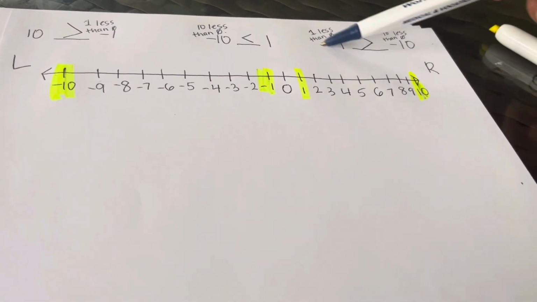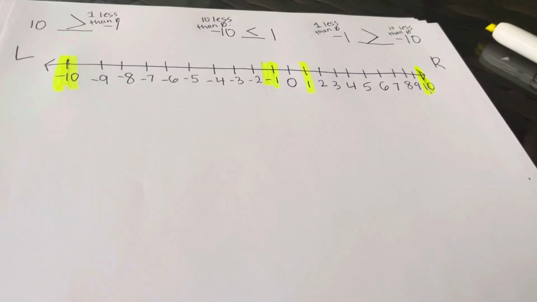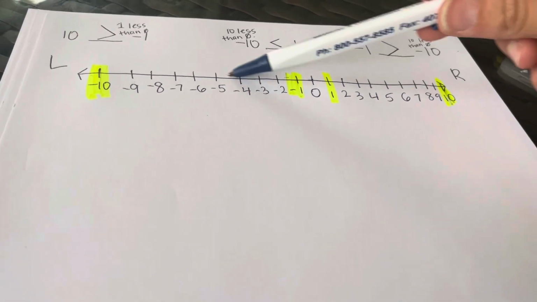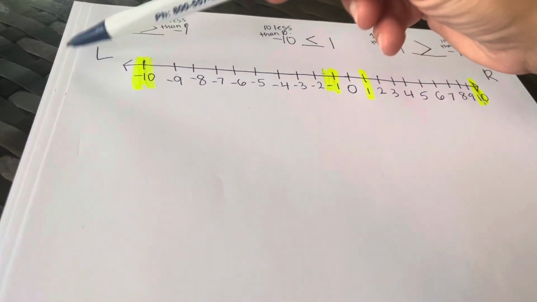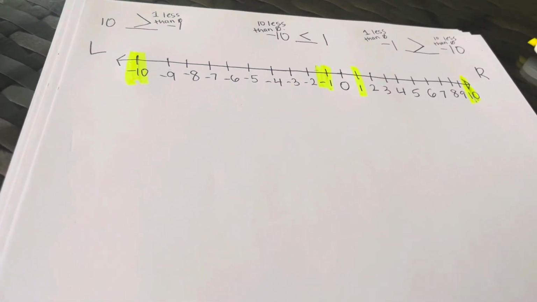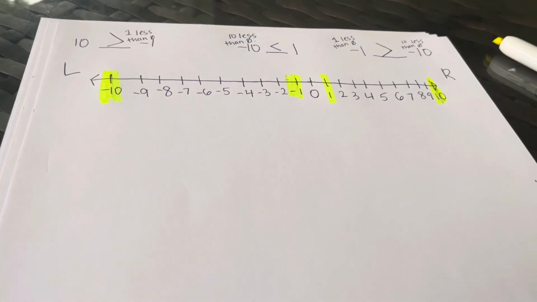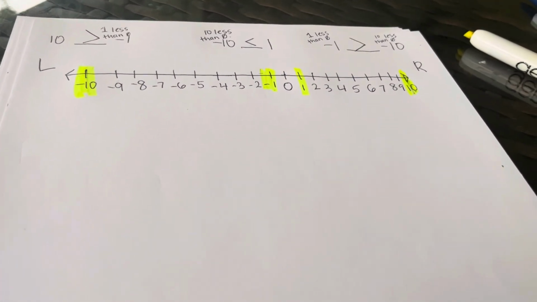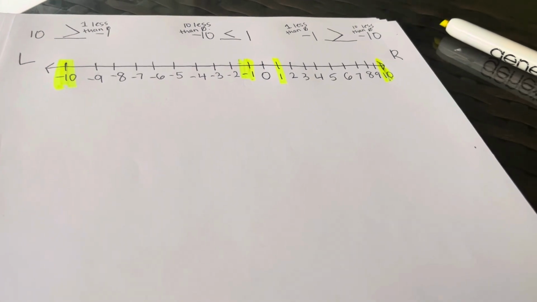This one you only have to make up 1 to get back to 0. The farther away from 0 you get going to the left, the smaller that number is. Same thing.